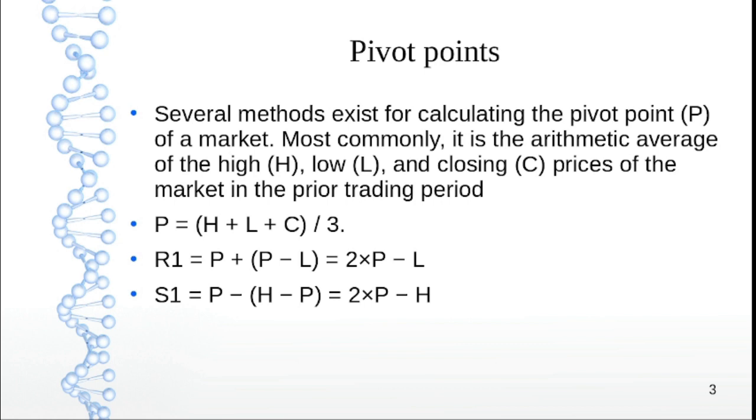Okay, so let's see what pivot points are. Pivot points are nothing but levels that are determined by the previous day's high, low and close. In my previous video I mentioned that we need to mark the previous high, low and closing before beginning any trade.